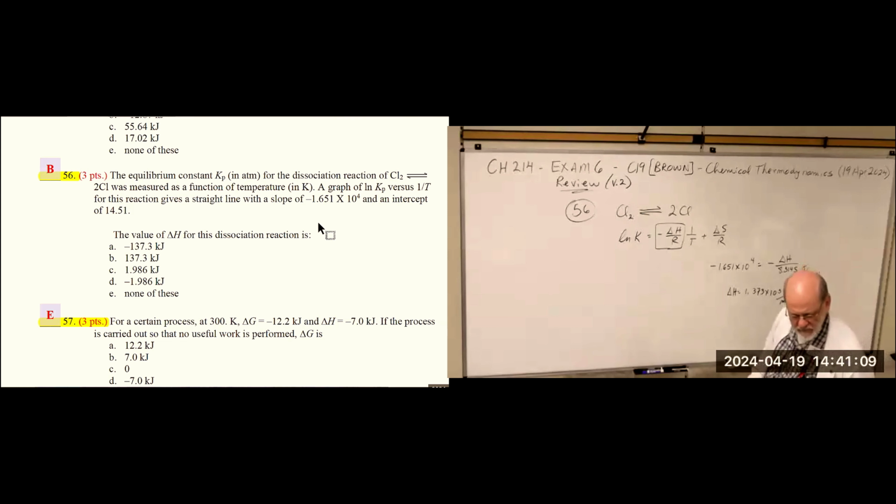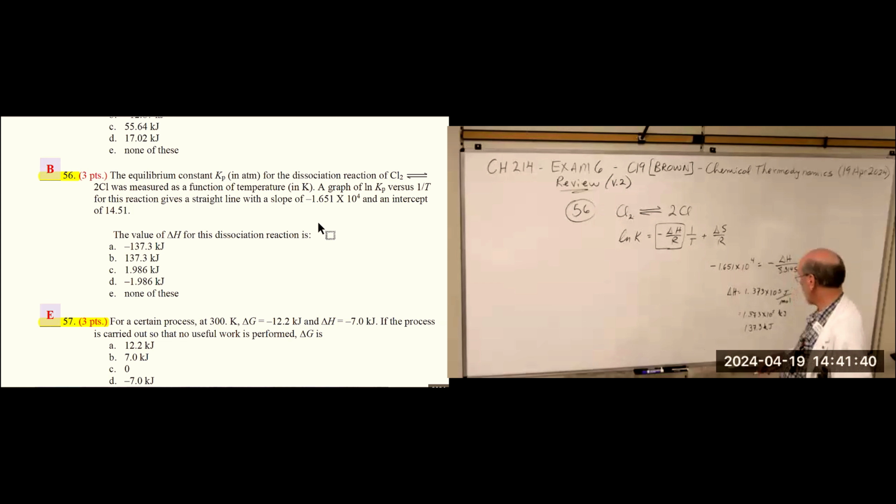The answer is in kilojoules, so this would be 1.373 times 10 squared kilojoules per mole. They have it in standard notation, so take 100 times that, which is 137.3 kilojoules, which is B.